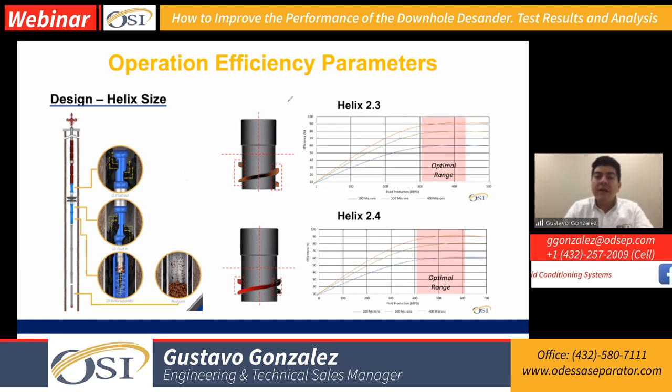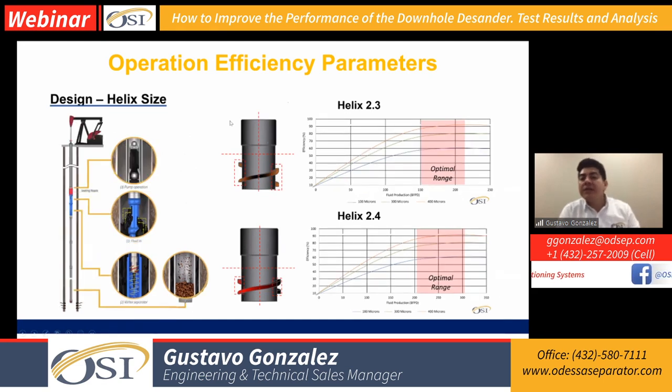If I'm dealing with a rod pump, I'm going to see the same phenomenon. In this case, the drawdown is going to alternate based on the upstroke, and so the helix that I was using before is going to have different ranges for my rod pump.